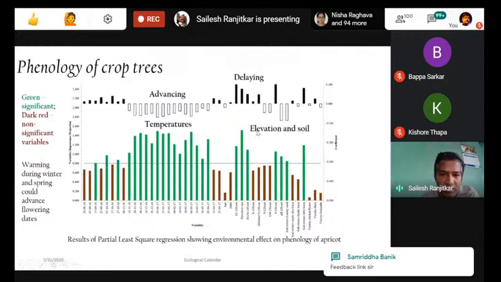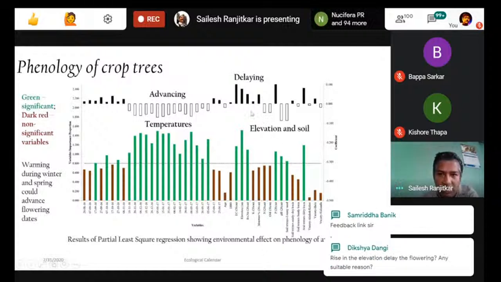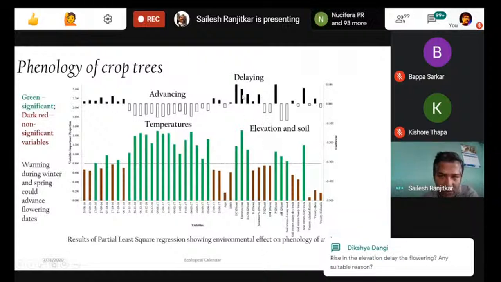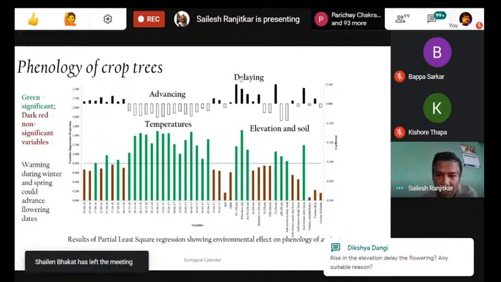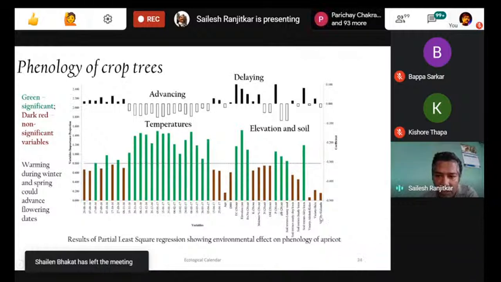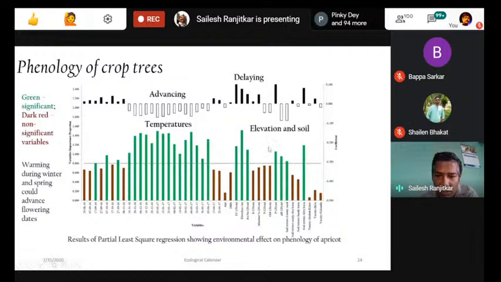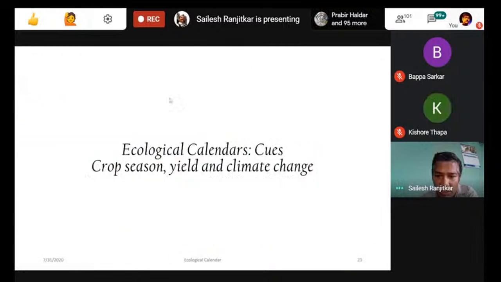Similarly, elevation also has a positive effect, that means a delaying effect, and different soil factors also have a delaying effect on the phenology. But the important thing here is temperature: warming temperature has an advancing effect. So that is the key point from the phenology here.